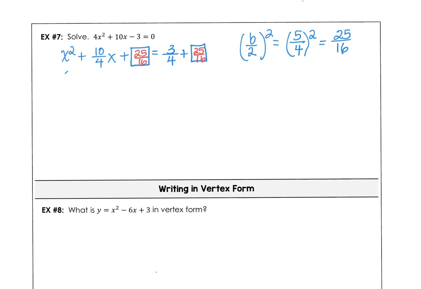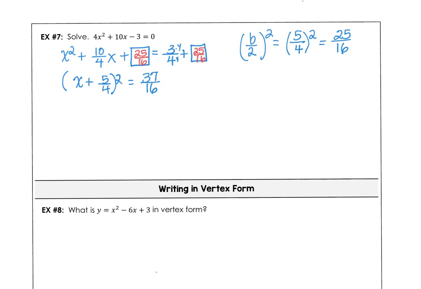Next, we want to factor the binomial. That's x plus 5/4 squared, because remember our binomial is the b over 2. And 3/4 plus 25/16 would be 12 and 25, so that's 37/16.